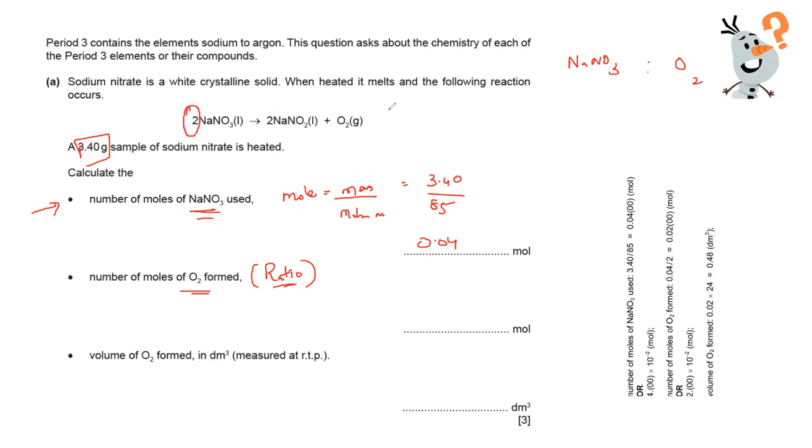If there are 2 moles of sodium nitrate, there should be 1 mole of oxygen. So the ratio between them is 2:1. But in the question, we don't have 2 moles. In the question, we have 0.04. So if we have 0.04 moles, then how many moles of oxygen are there? X. We cross multiply.